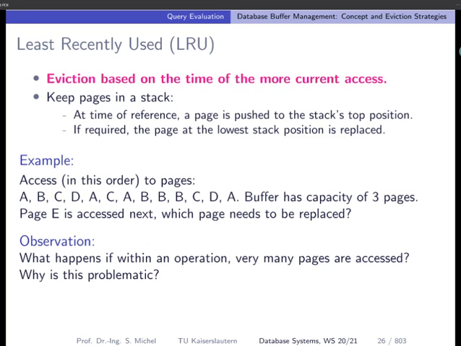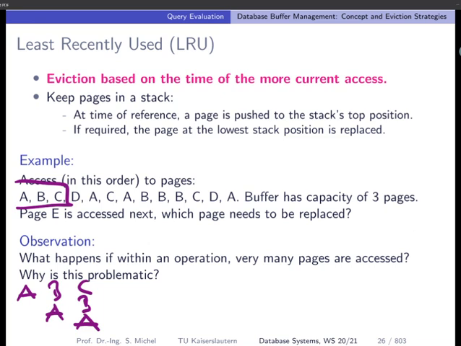So we have A, B, C, D, A, and so on. The beginning is quite simple. So we have A, of course, and then we have B A, and then we have C B A. So we are currently at this position here, right? This we have seen already, A B C, and the stack contains just the reverse order of our accesses. And now the buffer is full.